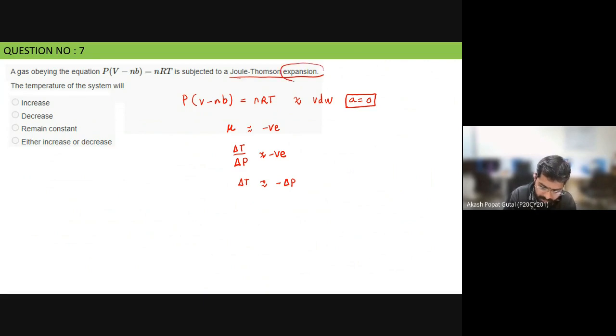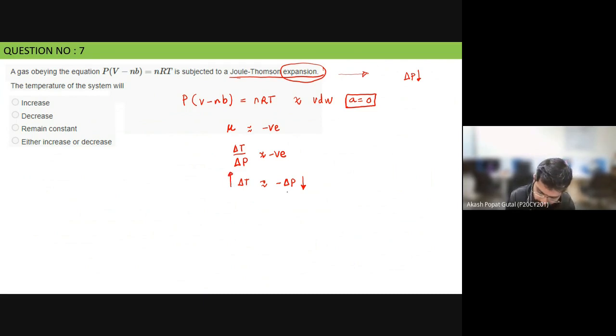When expansion is happening, something is expanding, which means its volume is increasing and the pressure is decreasing. So when the pressure decrease is happening, as mu is a negative value, the delta T actually increases.